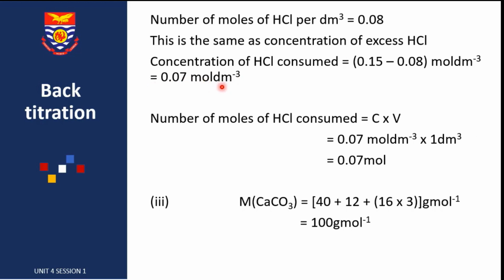Now that we know this concentration, we can convert it into moles. And with this, it's simple. We are using the relation concentration is equal to amount in moles over volume. So we do a change of subject such that the number of moles stands alone. And here we have our concentration, which is 0.007.